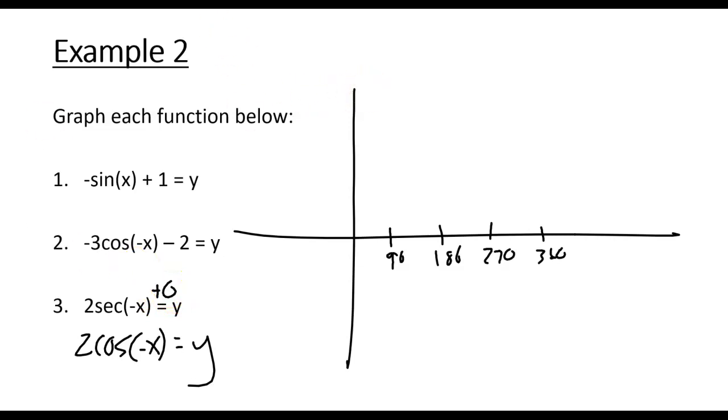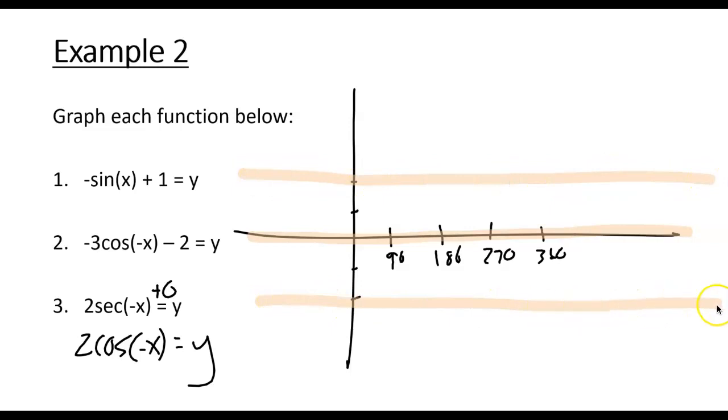So I'm going to be sketching a midline here right on the x-axis. My amplitude is 2, so I'm going to be going up 2 and down 2, and I'll sketch my max here. I'll sketch my minimum here. Next, whenever you have a cosine with a negative on the inside, that one starts at the maximum and then it goes down.